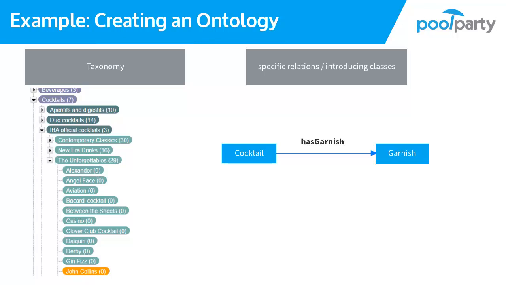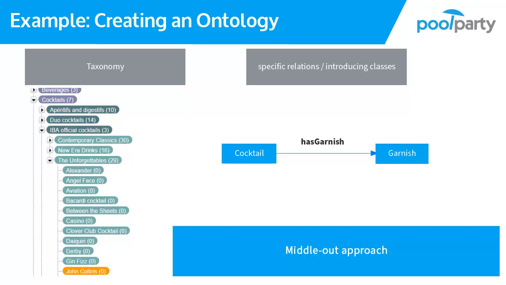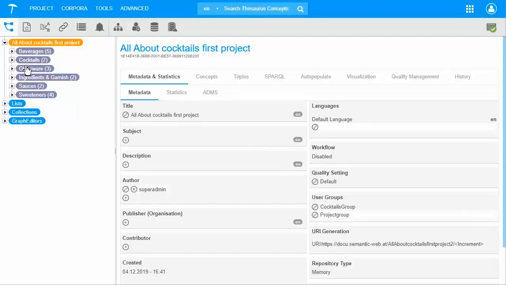This means I will introduce classes, and this is where the ontology development starts. And it is a perfect example for a middle-out approach, as I introduce the classes along the way of my knowledge modeling process. Here we have our taxonomy to be extended by using classes.